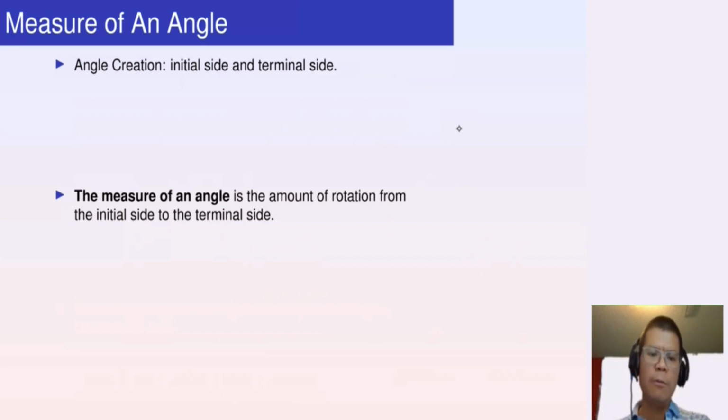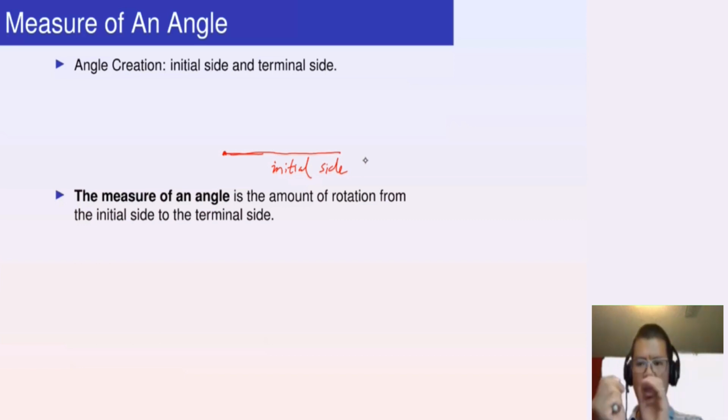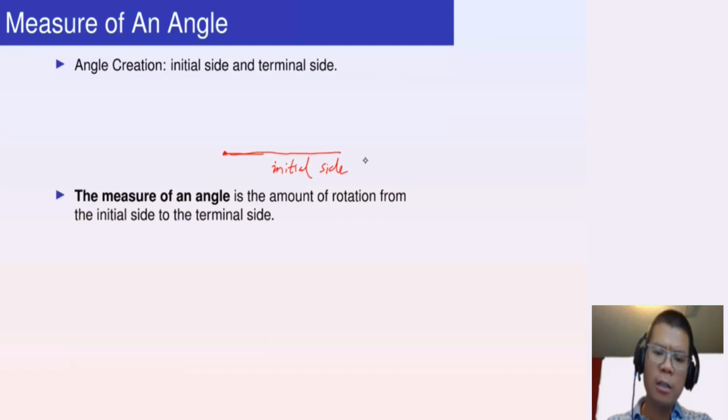For angle creation, we usually have an initial side, which is a ray with a common vertex. Let's say this is our initial side. It is initially here. What we want to do is put this initial side in one of the directions, for instance upwards, but fixing the vertex.